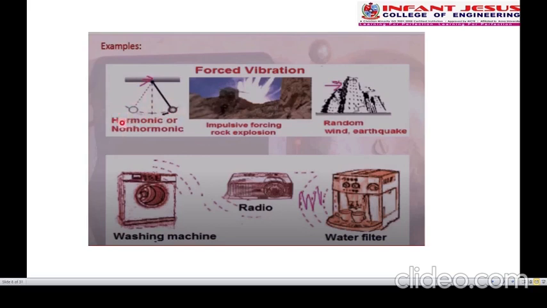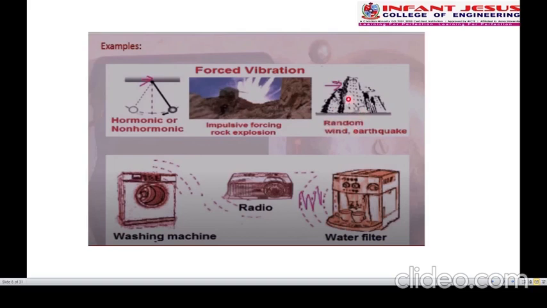That is periodic motion, periodic forces or periodic vibration. Impulsive is a rock explosion. If a man is standing here and an explosion is set off, it comes immediately. That is impulsive forcing. Impulse means it happens immediately, in a fraction of a second.